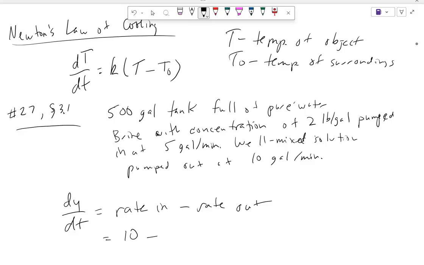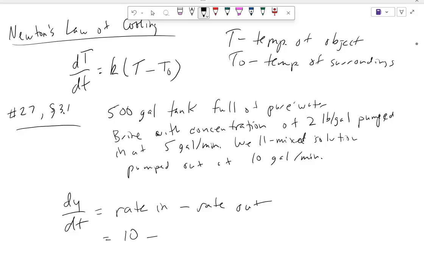This is where the well-mixed solution pumped out comes in, right? Since it's well-mixed, we assume that the concentration of salt is the same no matter where you are in the tank. Now, these are things that you actually have to worry about if you're doing modeling. That works nicely for us to be able to solve this problem, but in general, what does well mixed mean?